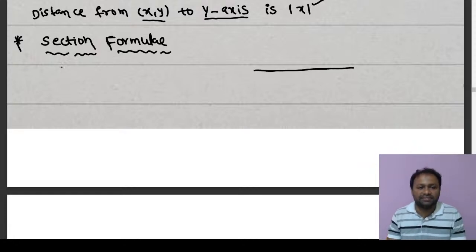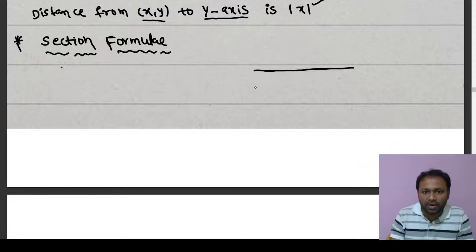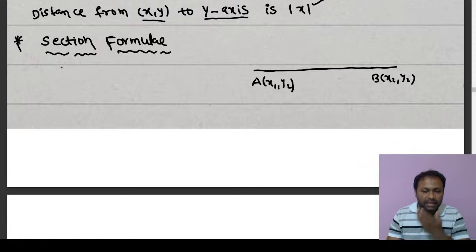this is the line. Here I will take 2 points. What are those 2 points? A of x1 comma y1, and I will extend this. This is a point B as x2 comma y2. Suppose one point is there.